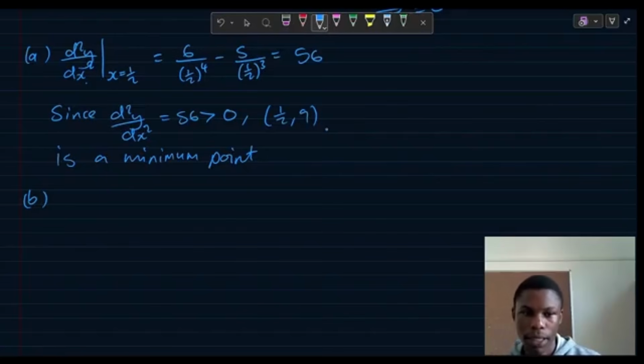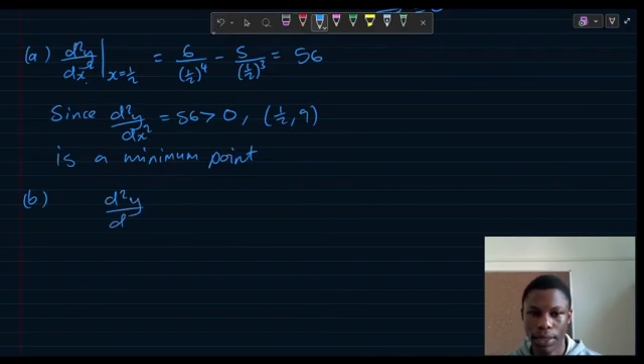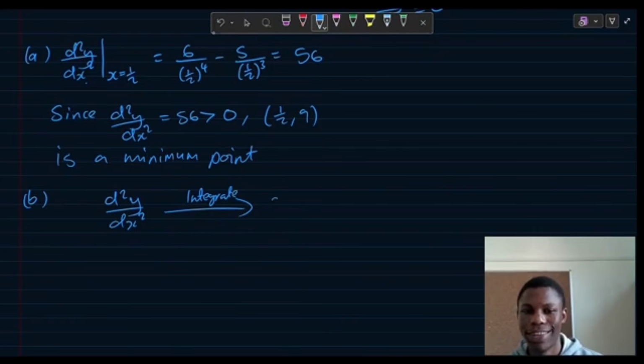Okay. So we're starting with the second derivative, d squared y dx squared. If you integrate this, you get the first derivative dy dx.